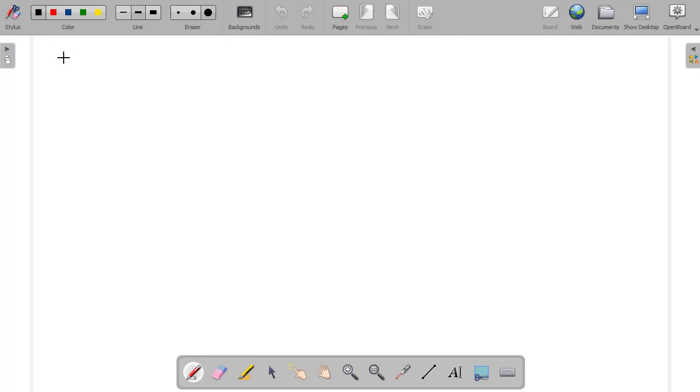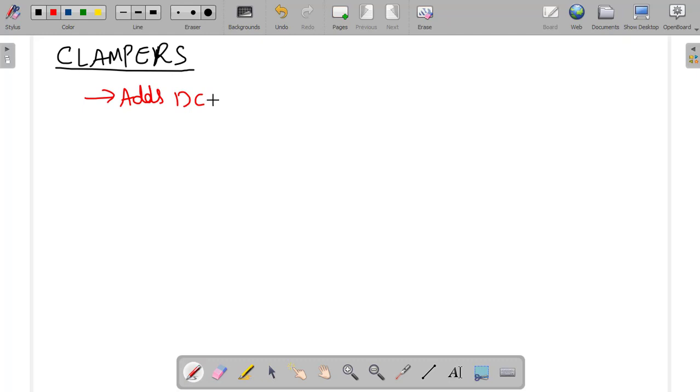What actually is a clamper? Coming to the definition of the clamper, the function of a clamper is that it adds a DC value to an AC waveform.